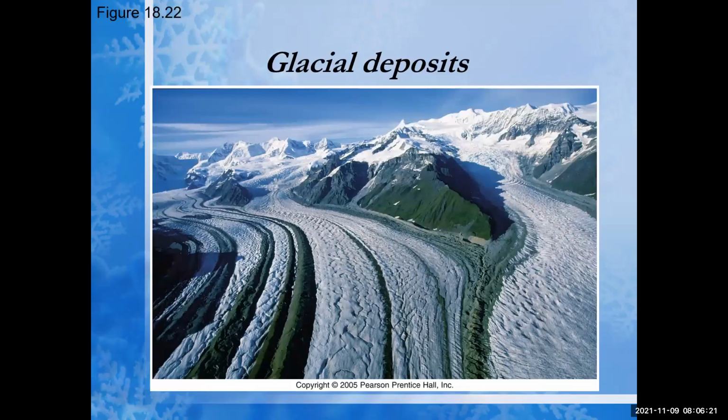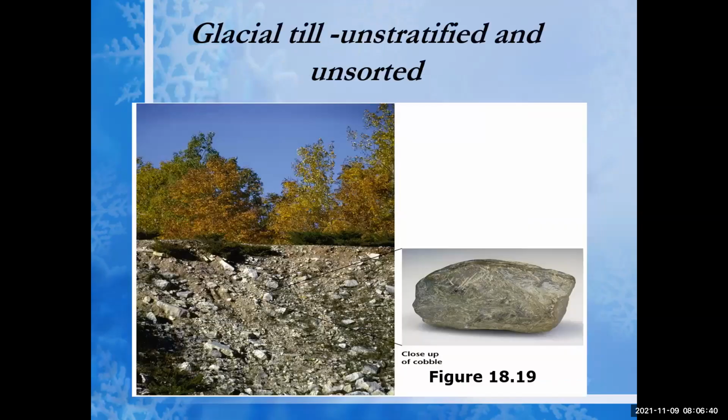These lines that you're seeing here, these medial moraines and lateral moraines in this image, those are all rows, row upon row of enormous volumes of sediment being carried by that glacier. We refer to these bodies of sediment as glacial till.